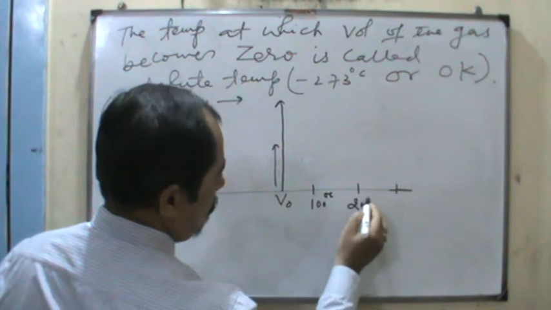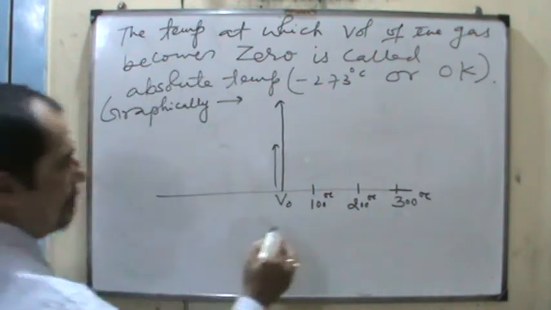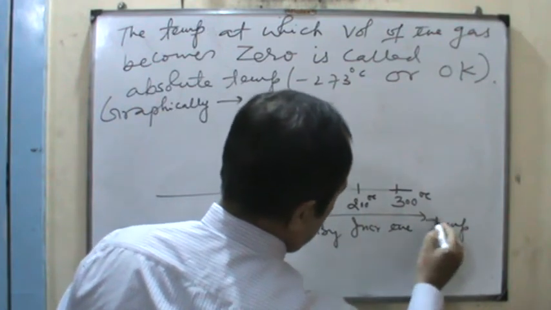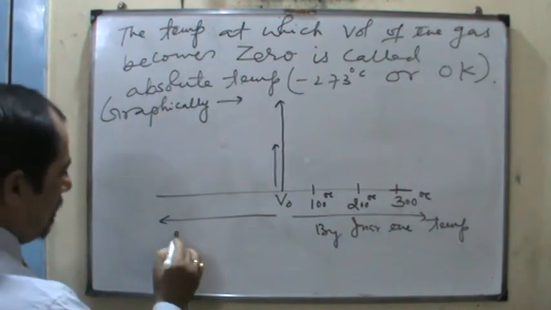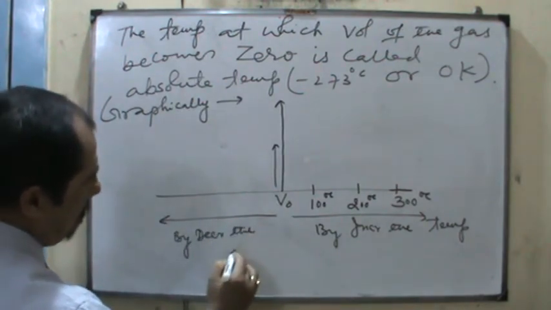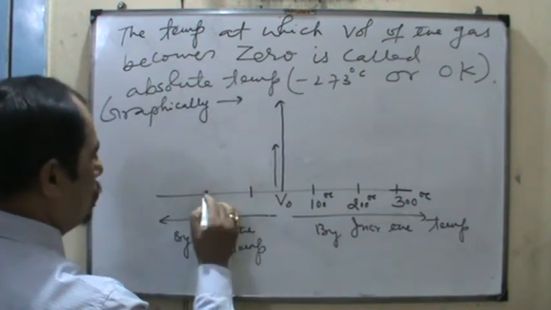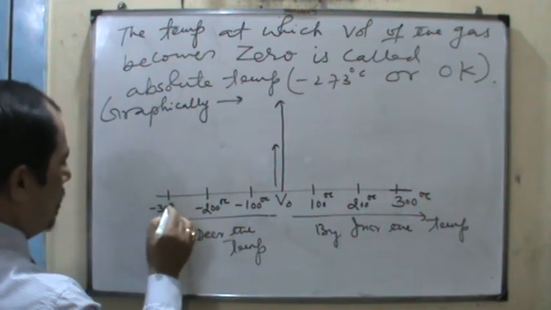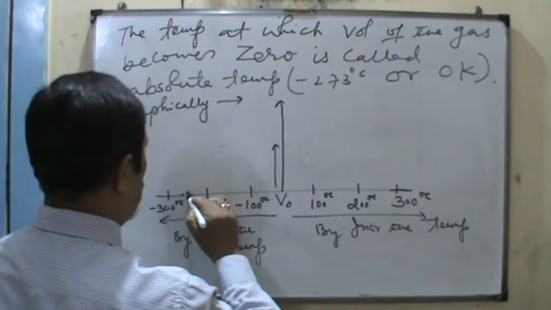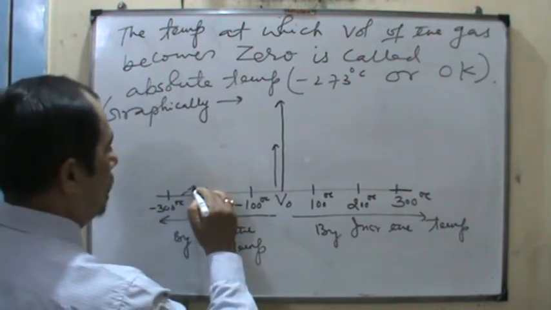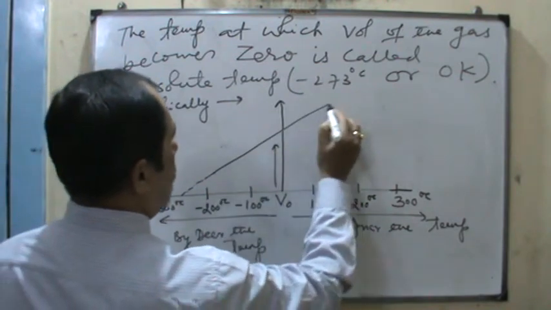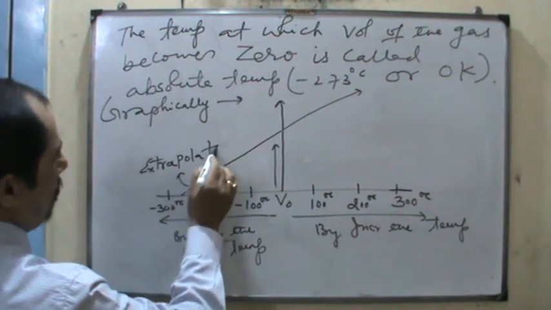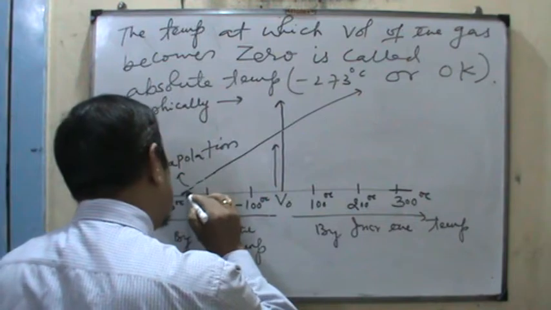On this side, write increasing temperature, and on this side, decreasing temperature: minus 100 degrees Celsius, minus 200 or minus 300 degrees Celsius. Minus 273 lies between 200 and 300. On extrapolation of the graph, the volume goes toward zero, where the volume does not exist.